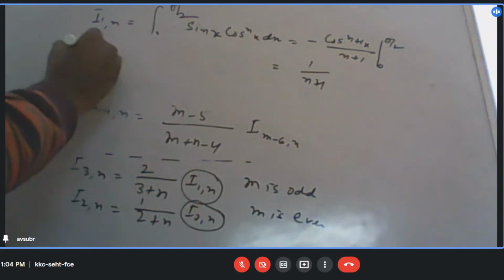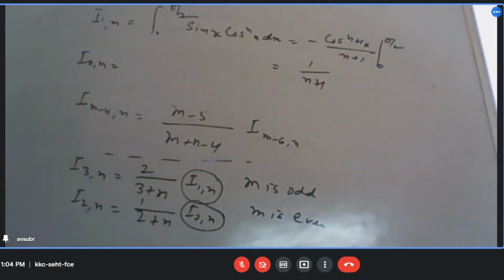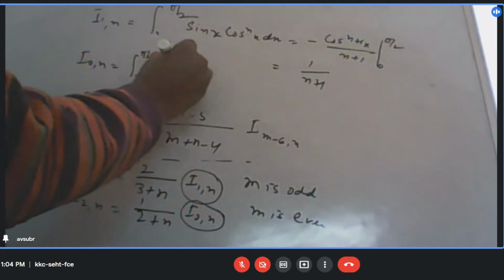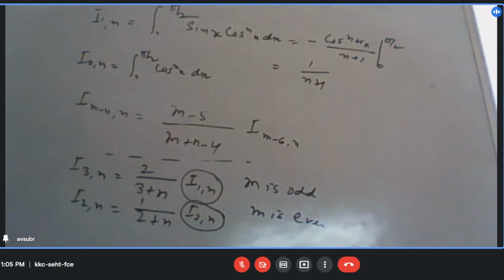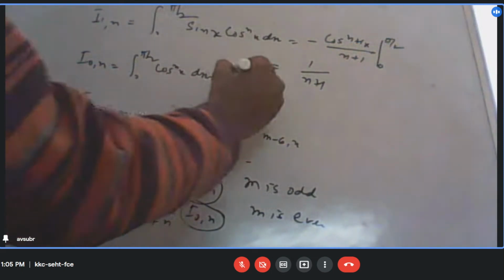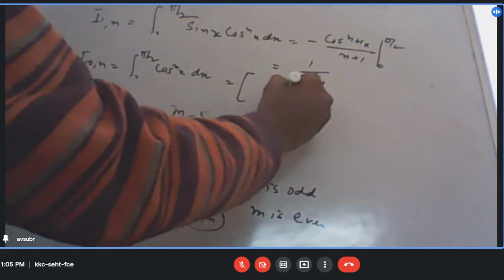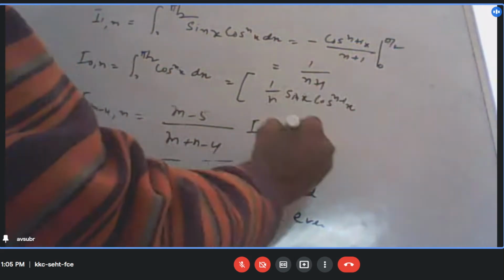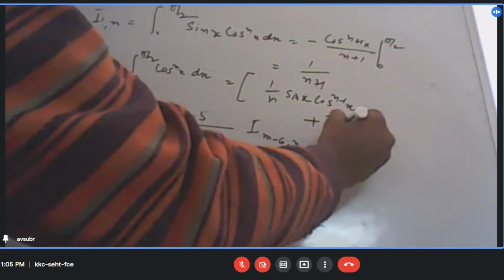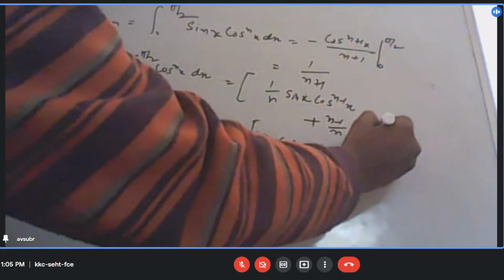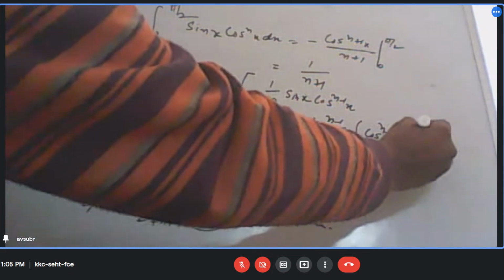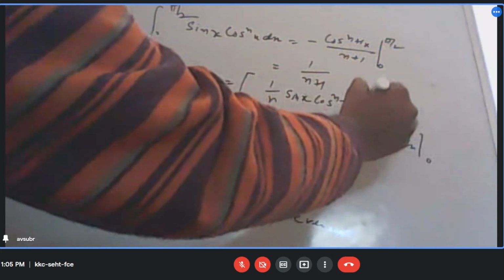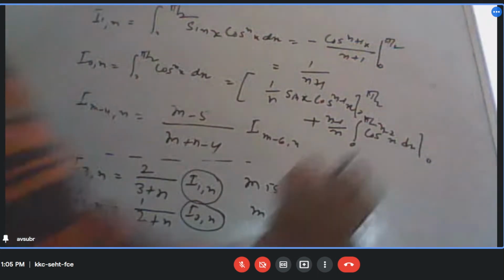And I 0n, what will it be? It will be the integral 0 to pi by 2 cos to the power n x dx. Is it okay? Which can be written as 1 by n sin x cos to the power n minus 1 x plus n minus 1 by n integral cos to the power n minus 2 x dx, and this is from 0 to pi by 2, right?